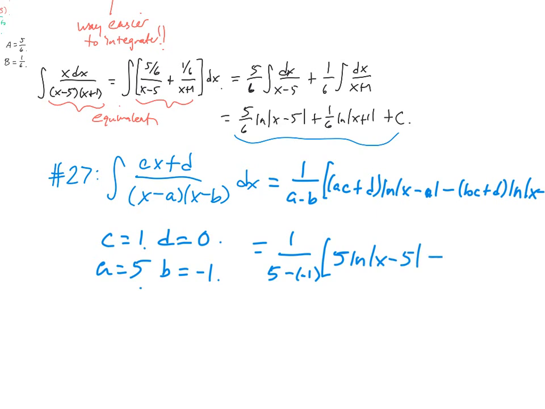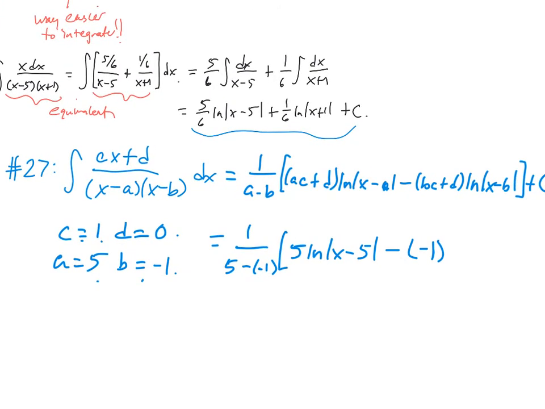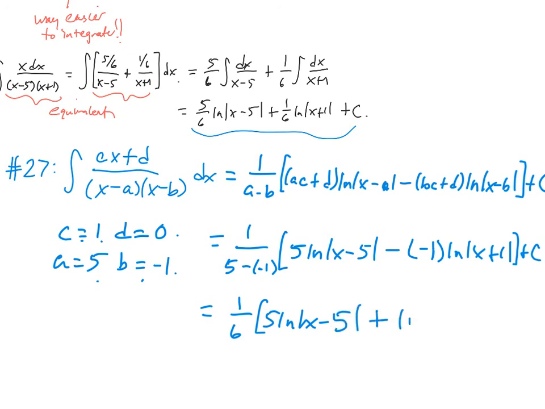And then bc plus d, well, b times c, that's -1, plus d, that's 0, times natural log of x minus -1, that's the same as x plus 1, plus c. And if we work that out, we get 1/6, 5 natural log of x minus 5, plus natural log of x plus 1, plus c.